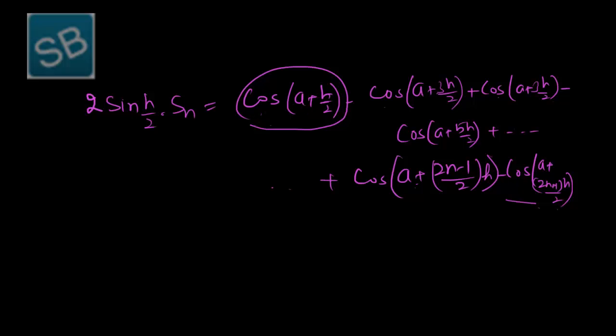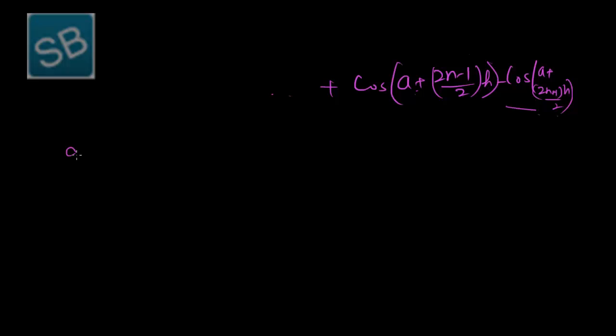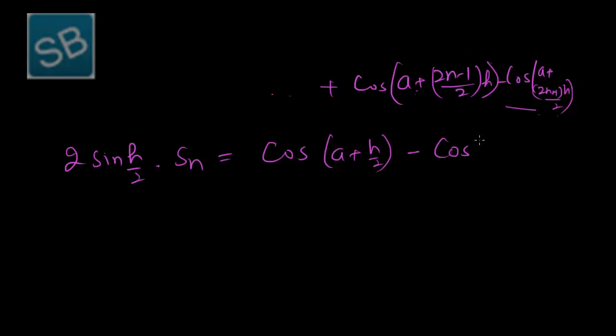So we will get 2 sine h by 2 into Sn, that is cos of a plus h by 2 minus cos of a plus h by 2 plus nh.